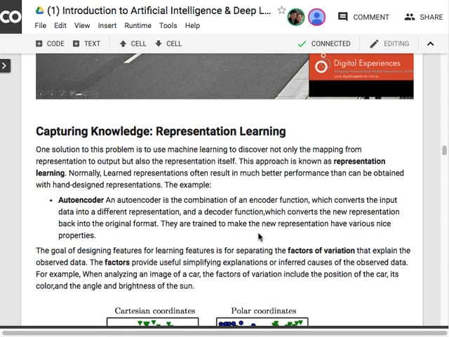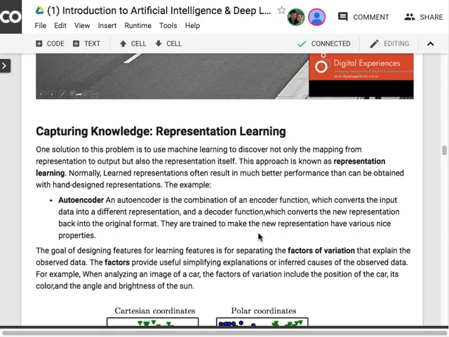To solve the problem, we try to substitute the human part involved in the experiment process. Representation learning is proposed, trying to use machine learning to map raw data into features that provide useful information.